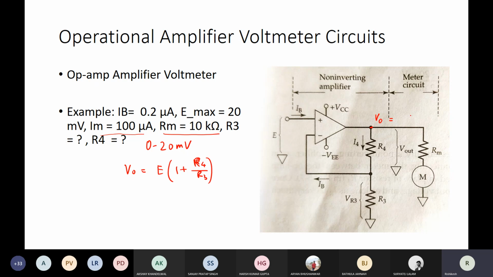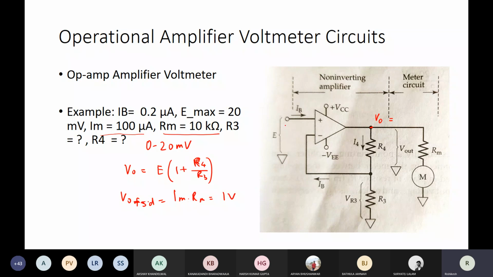V0, what is V0 in that case? V0 FSD is Im into Rm, the maximum current times Rm. How much is that? So it is 1 volt.